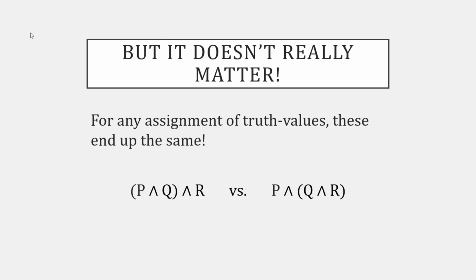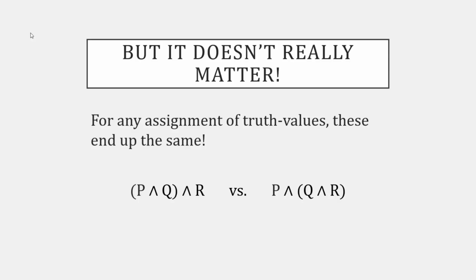If you've got just all ands, then this sentence is true if P is true and Q is true and R is true, and false in any other circumstance, right? Because for a conjunction, they both got to be true for the whole thing to be true.